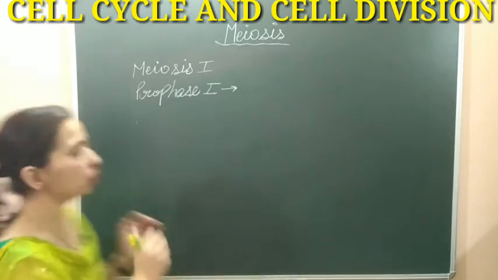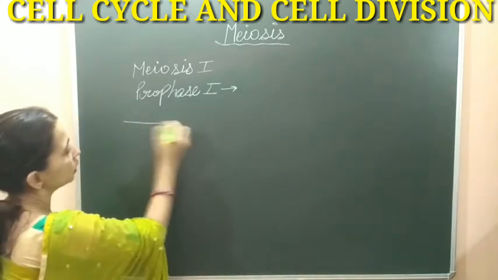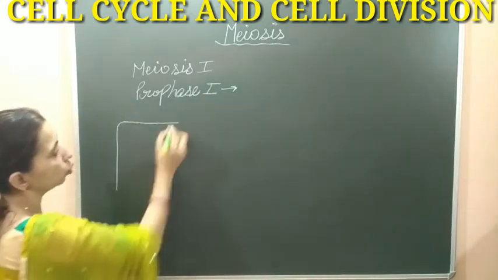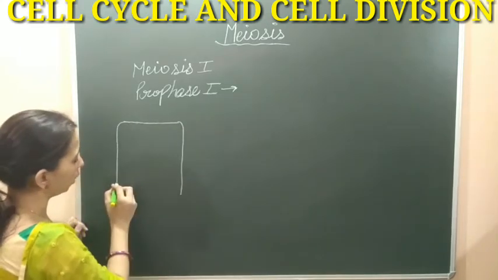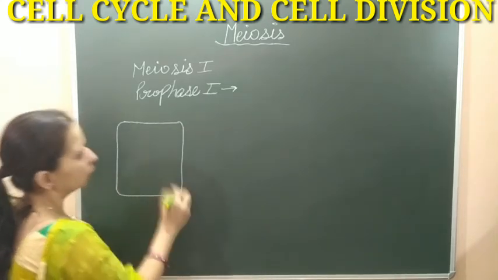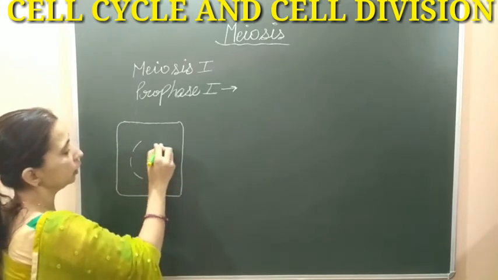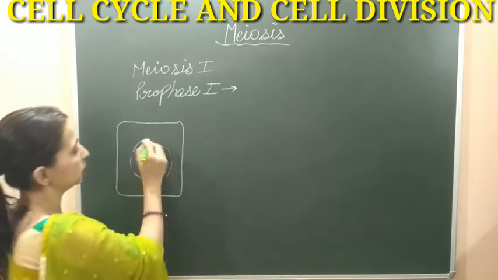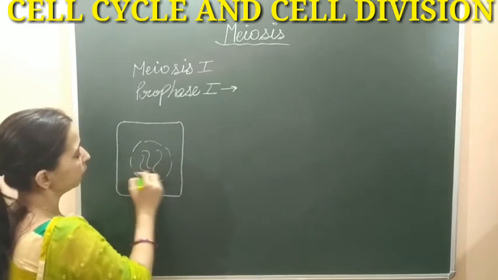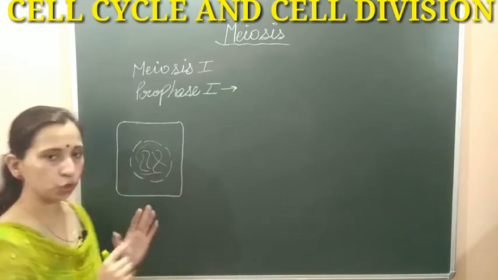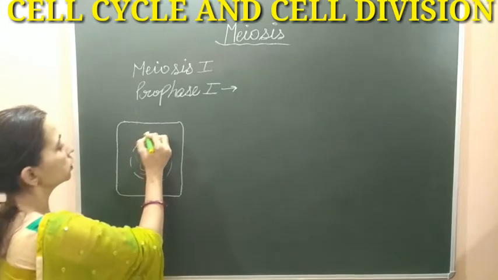You know that in the interphase, the cell prepares itself and does all the necessary preparation. This is the nuclear membrane which is present in the cell, and chromatin fibers are there. They get doubled, duplicated. Centrioles get duplicated.